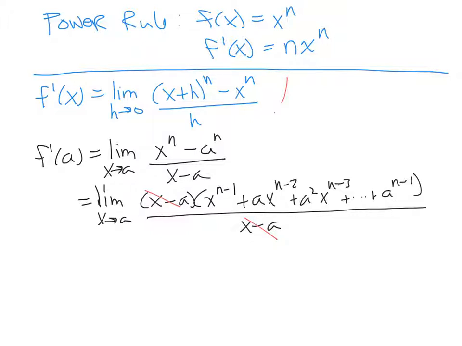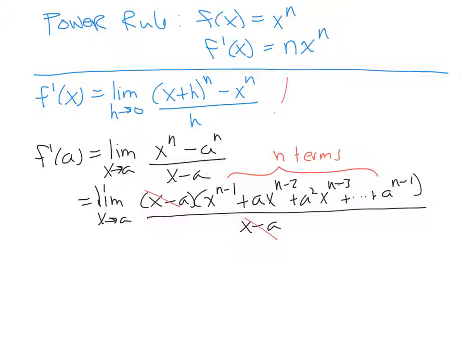Before we do that, let's actually look at what we've got here. We're starting with x to the n minus 1, and we're going all the way down to x to the 0 power, or starting with a to the 0 power and going all the way up to a to the n minus 1 power. That means that across here we have n terms.